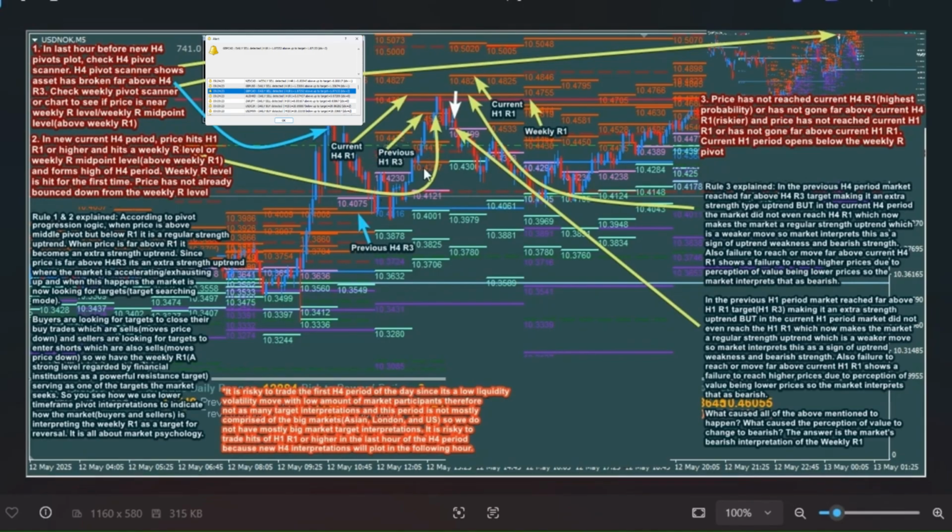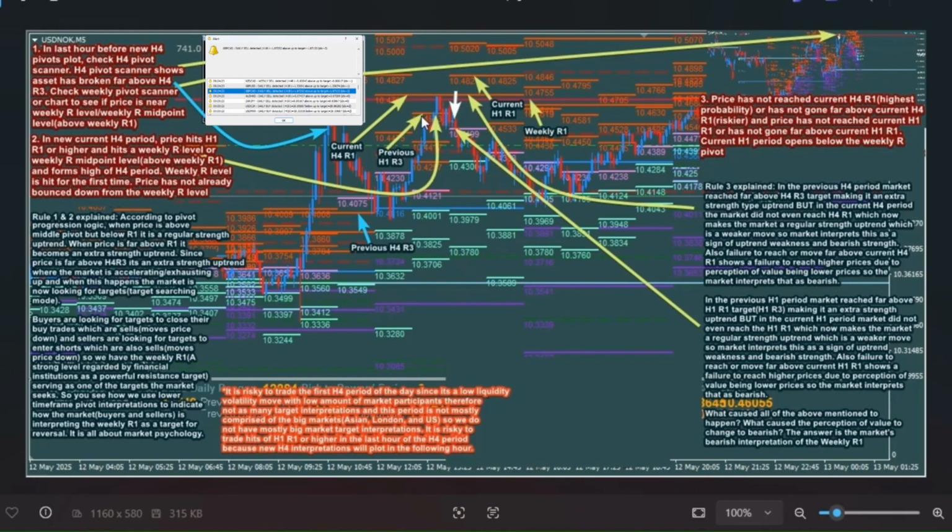But in the current H4 period, the market fails to even reach the H4R1. This is a regular strength uptrend, okay? And that shows weakness because we went from an extra strength uptrend to a regular strength uptrend. And the market interprets that as weakness, okay?